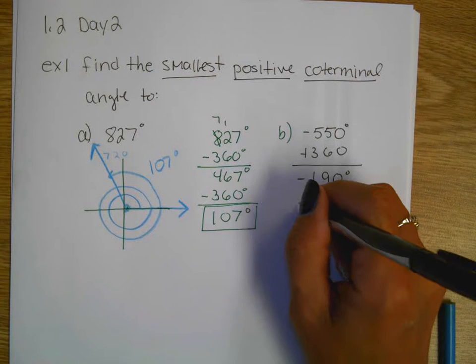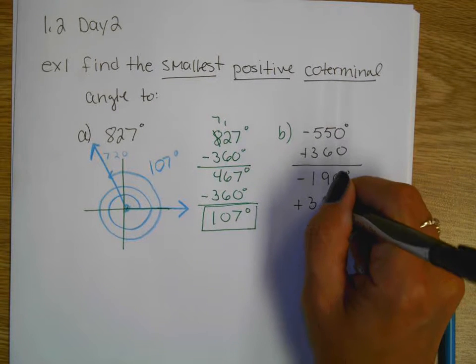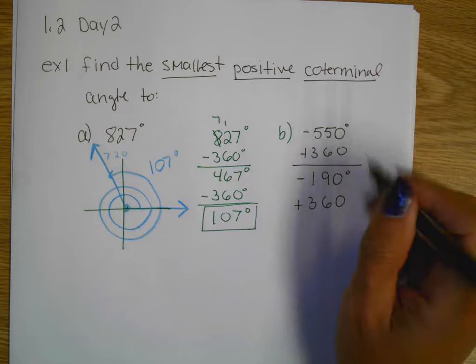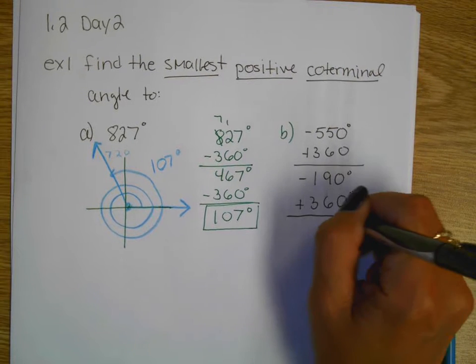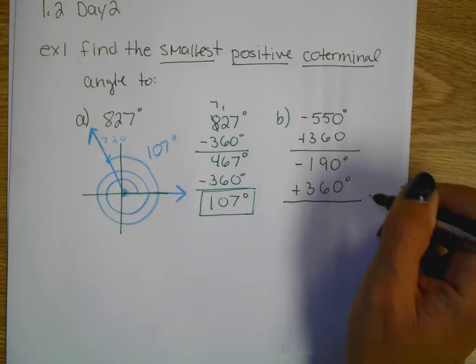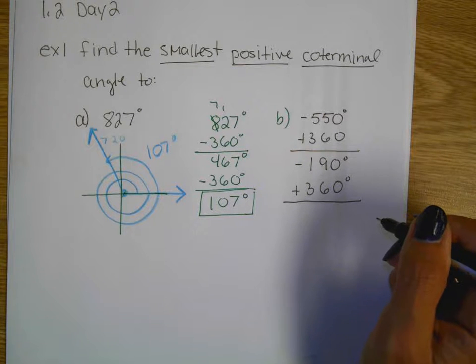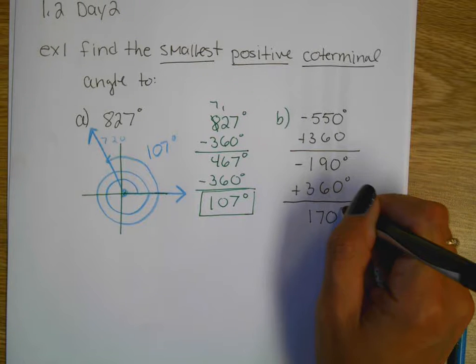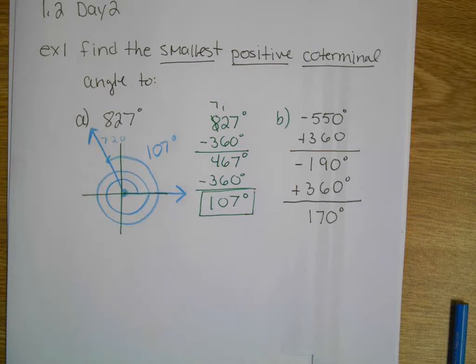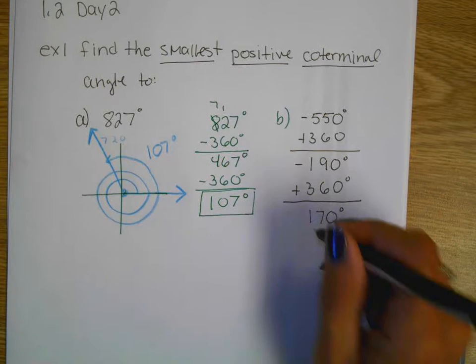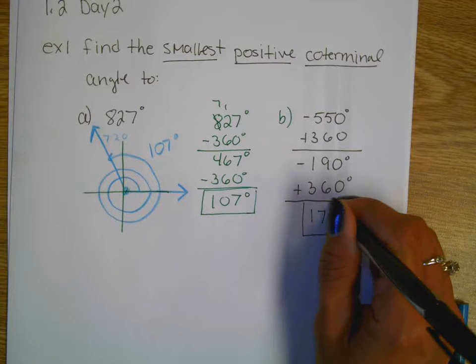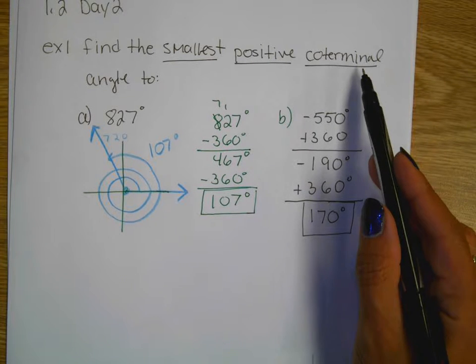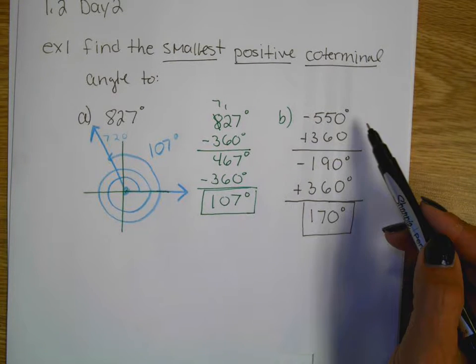So I got to add 360 again. Because I'm still negative, I'm looking for the smallest positive. This should do it. Positive 170. Hard to do that subtraction when it's upside down in your head. So there it is. So coterminal angles, to create them, all you're going to do is add 360s or subtract 360s.